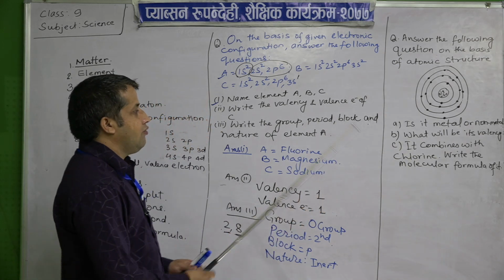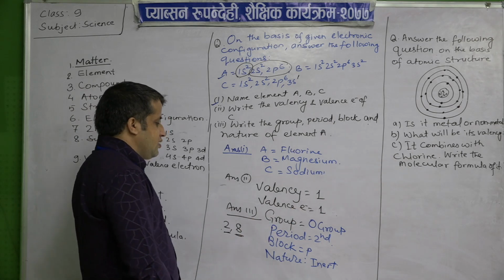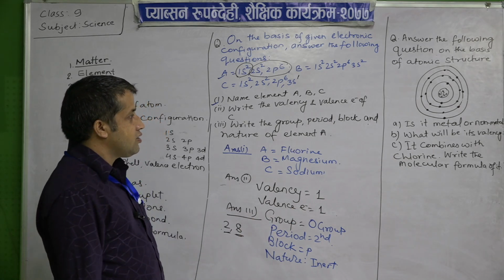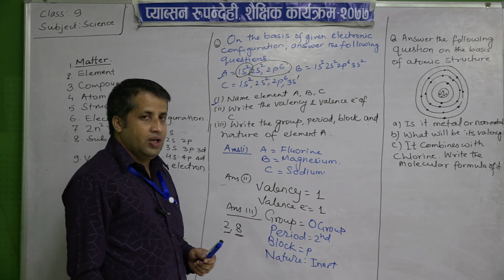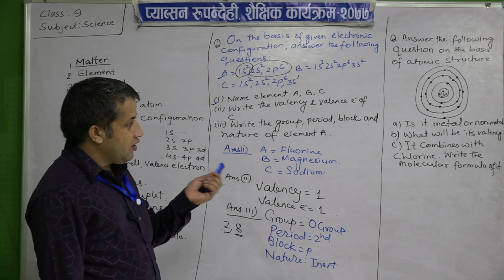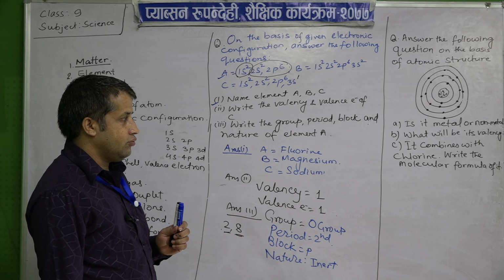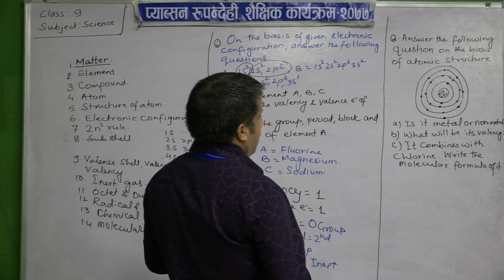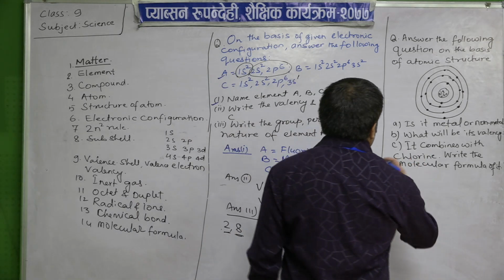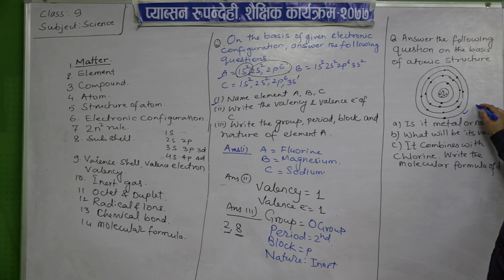Now it combines with chlorine, that is, this metal is combining with chlorine. Write down the molecular formula of that compound. Which element are we trying to combine? This element. Which element is this? K, potassium.